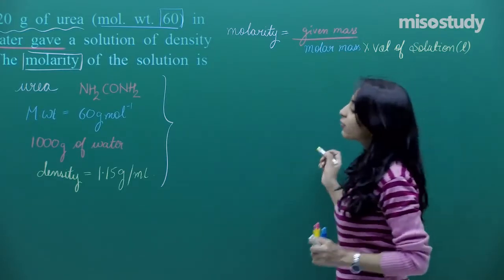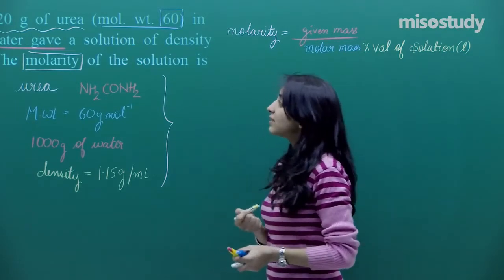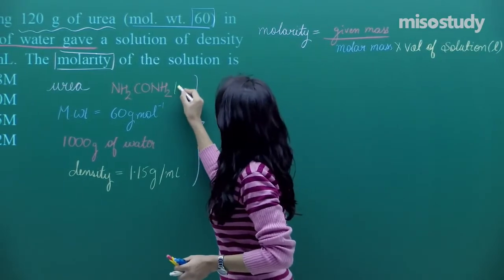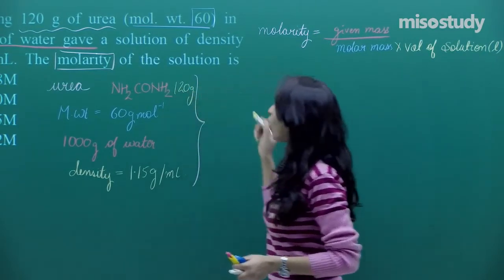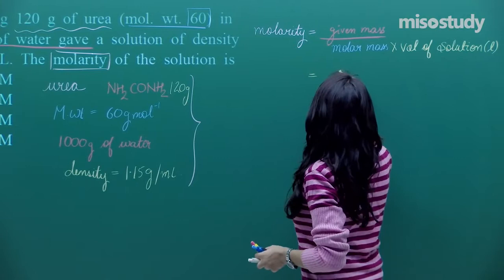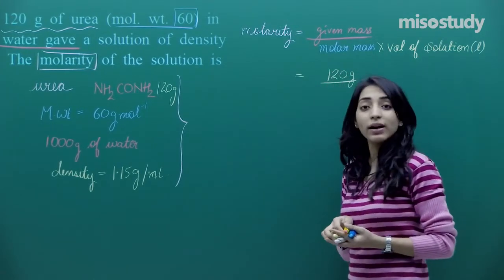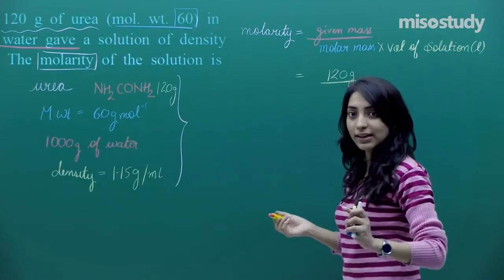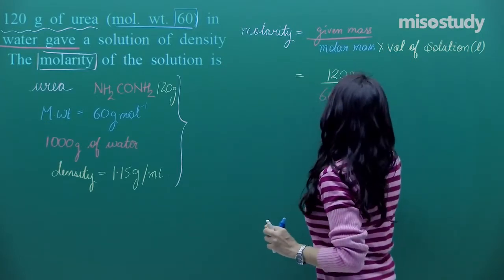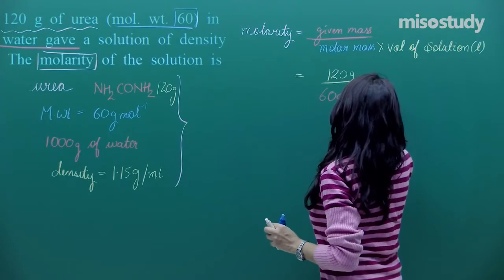So how much mass is given to me? We have 120 grams of urea, so I write 120 grams divided by the molar mass. You should mention the units, as I told you so many times. Molar mass is 60 grams per mole.